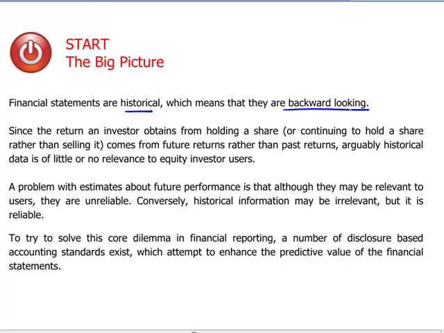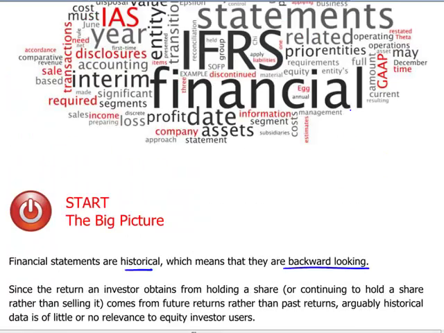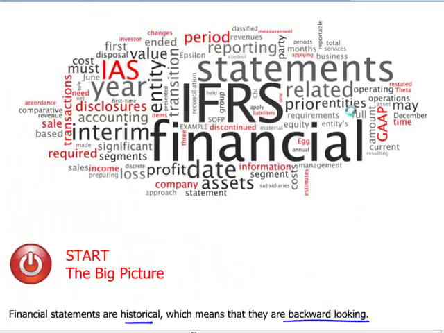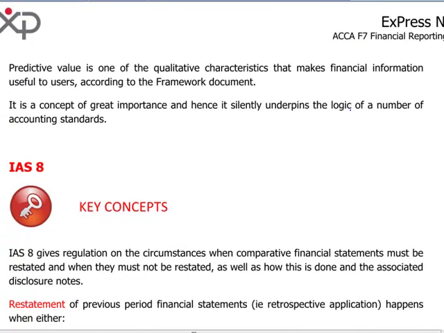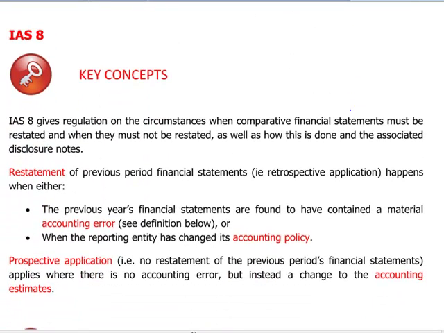In order to solve this problem of the need for reliable and relevant data for decision making, there are a number of standards which try to enhance the predictive value in financial statements. One of these standards is IAS 8.